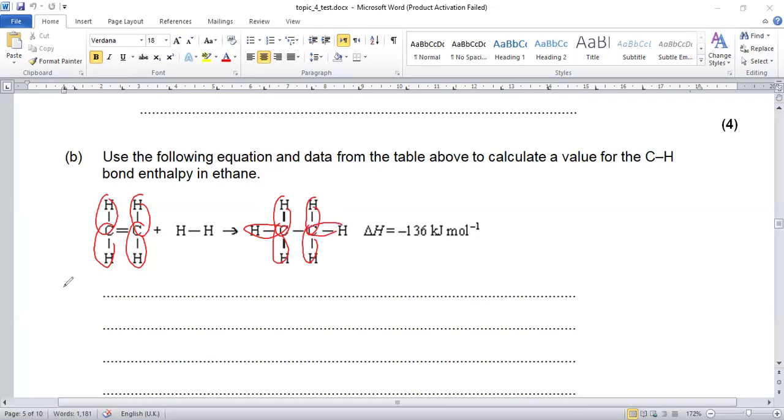So we cancel 4 from here with 4 from there, and remaining is 2 C-H only here. We consider them as 2x. This is the idea for the question. If you don't do that, you have two unknowns on the two sides.